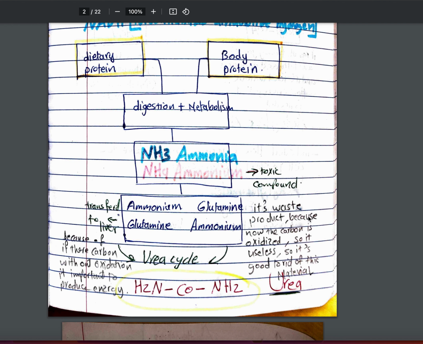Here the carbon is oxidized, so it's useless, so it's good to get rid of it. If there is a carbon that is not oxidized, it's important to produce energy, so it's not a waste product.